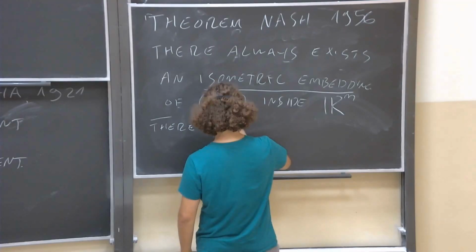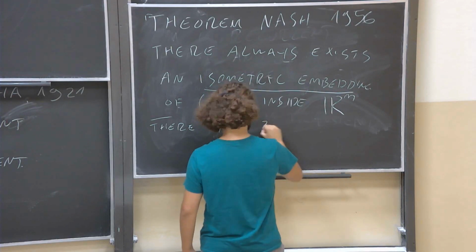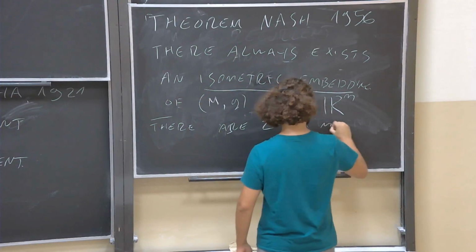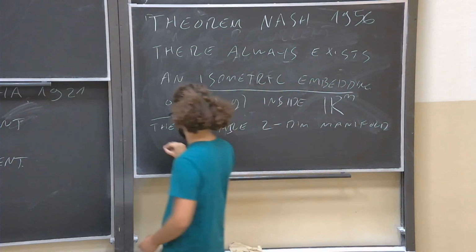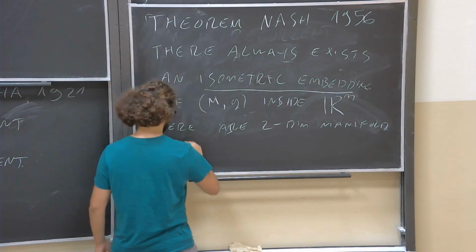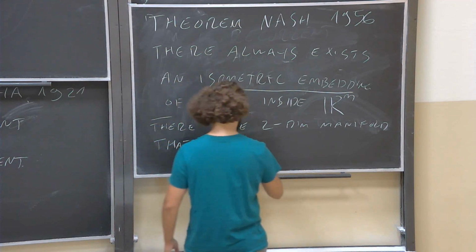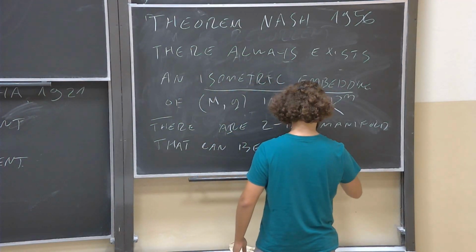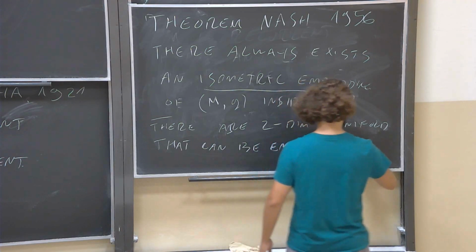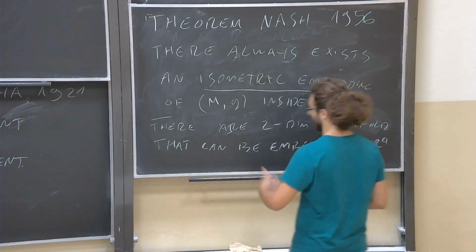So there are two-dimensional manifolds that can be embedded in R4, but not R3.